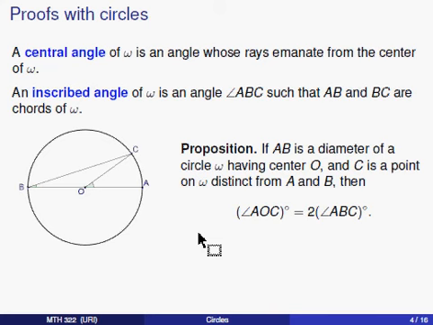Now, as we begin to prove things about circles, there is an approach that is very common and very useful. We'll illustrate that approach with this proposition. The proposition states that if AB is a diameter of a circle, as it is in this figure, the circle omega has center O, and C is a point on omega distinct from A or B, then the measure of angle AOC is equal to 2 times the degree measure of angle ABC.